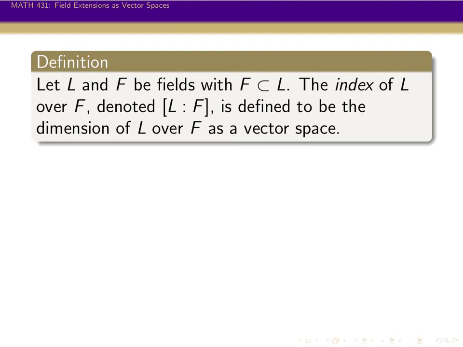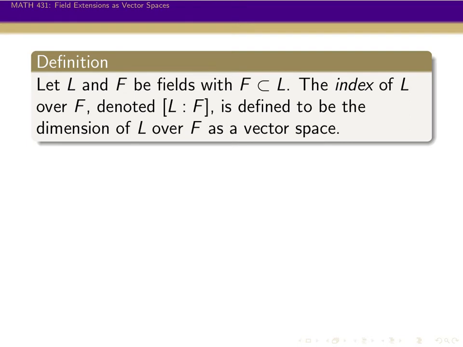And so in Algebra 1, we saw this same term of index, particularly talking about groups. When we mod out by a normal subgroup, the index is the number of cosets. Well, you can think about the number of cosets as representing the number of copies of that normal subgroup that make up the whole group.